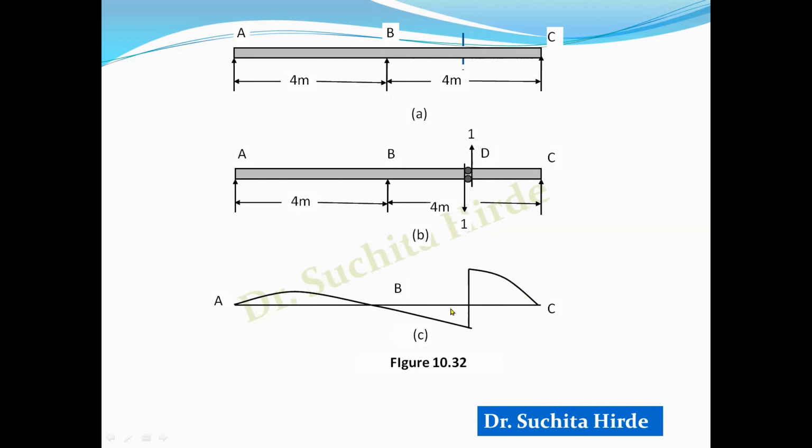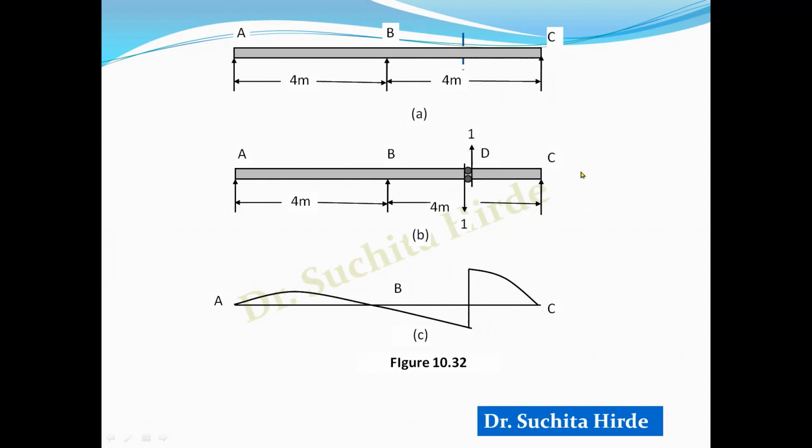This ordinate will not be 1 because we are applying unit force here. We don't know what is the force required to make this equal to 1. So we are applying unit force in the direction of shear force. First we will draw the deflected shape due to unit force, and then we will make this ordinate equal to 1. Then it will be called the influence line diagram.